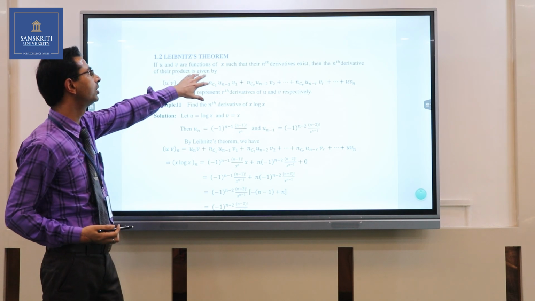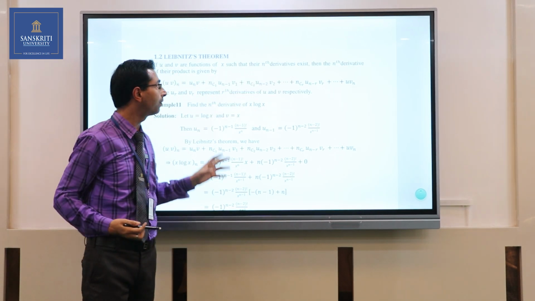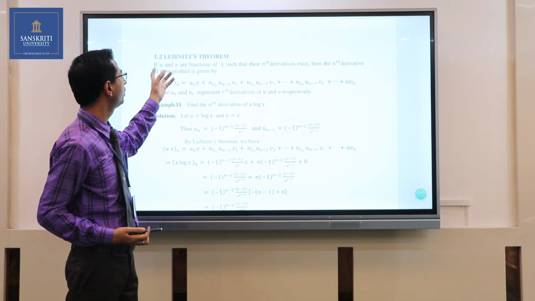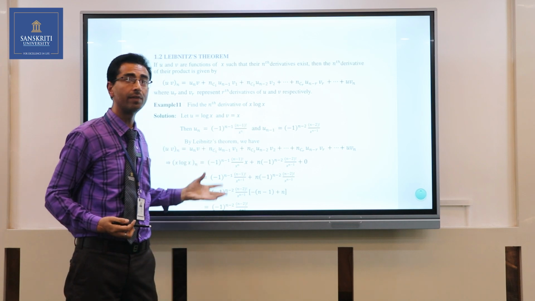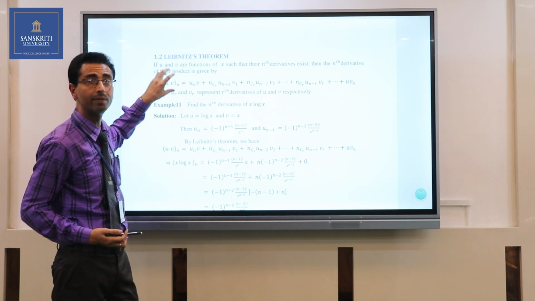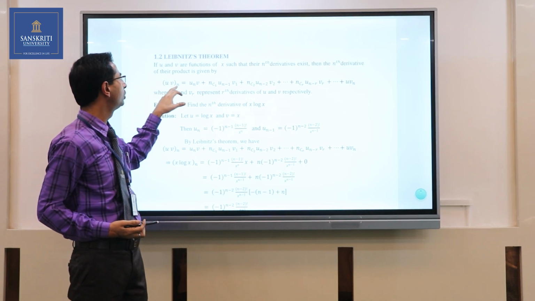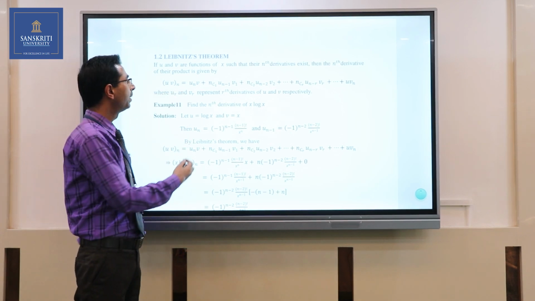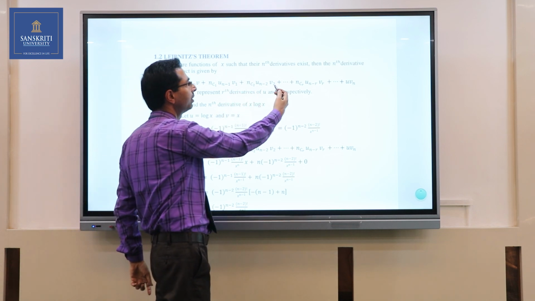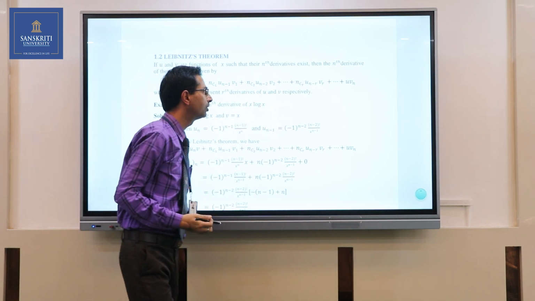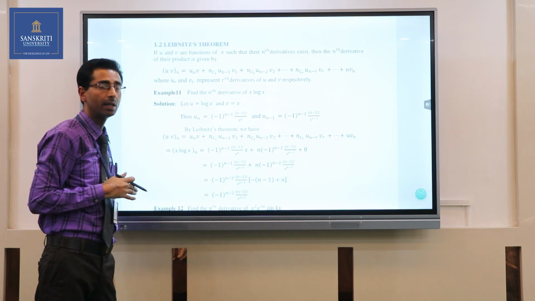If u and v are functions of x such that the nth derivative exists, then the nth derivative of uv is u_n v plus nC1 u_(n-1) v_1 plus nC2 u_(n-2) v_2, and so on. So now we use this particular Leibniz theorem in an example.